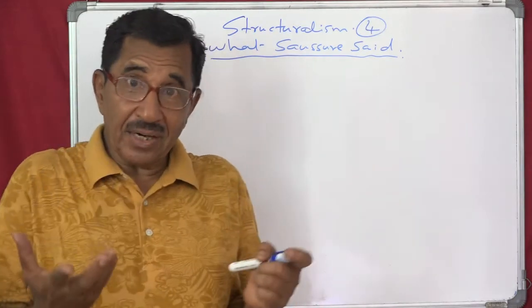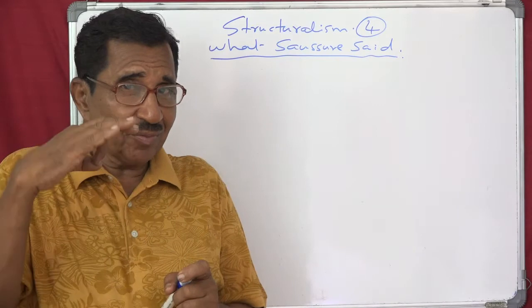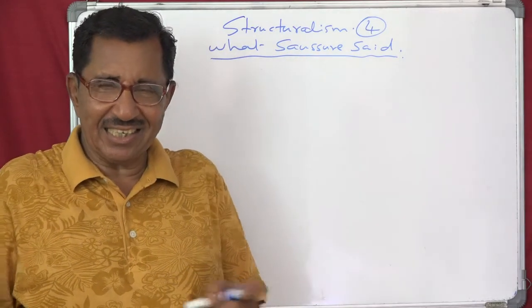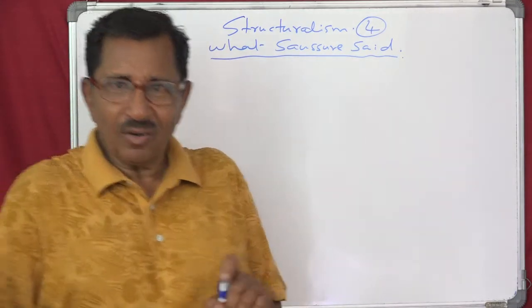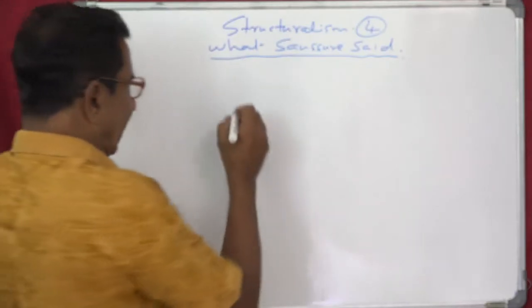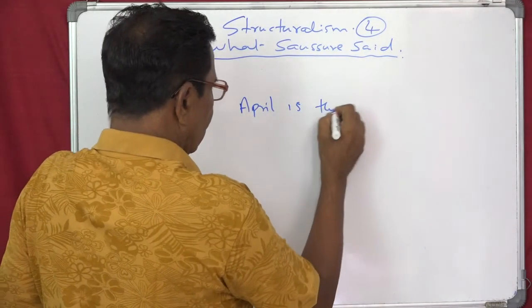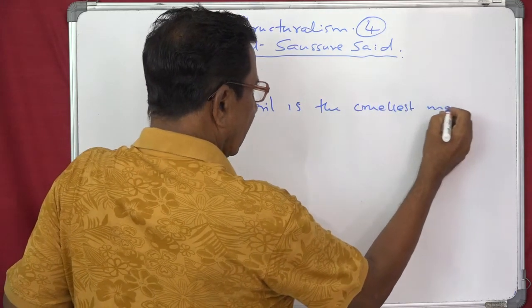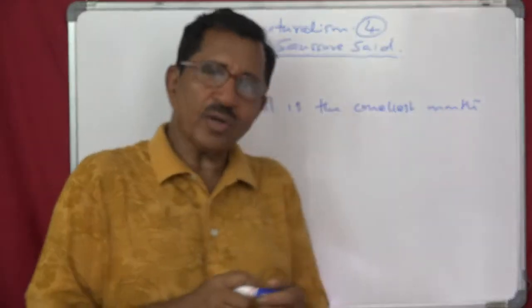April is the cruellest month, breeding lilacs out of the dead land, mixing memory and desire, stirring dull roots with spring rain. See, look at this, the opening line. April is the cruellest month.